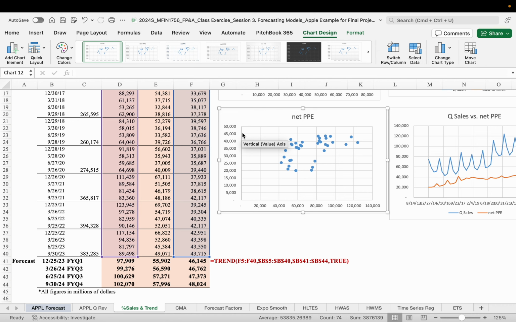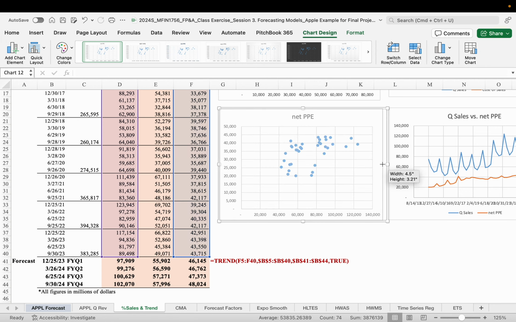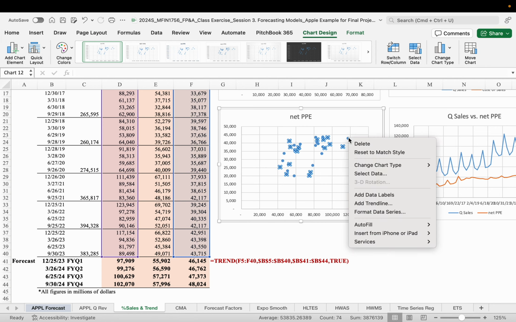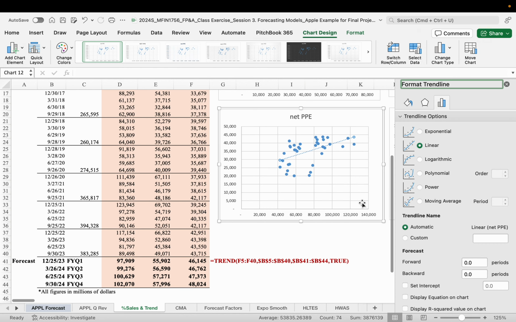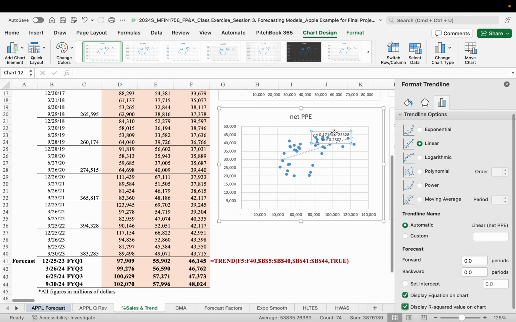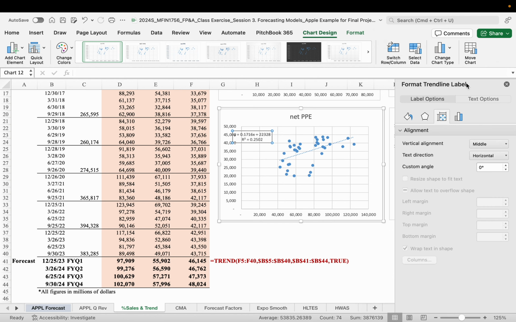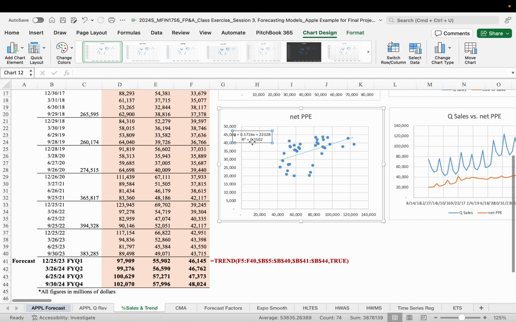When you increase net property, plant, and equipment, fixed asset investment, capital expenditures, you increase the sales. So let's leave this. Then click add trend line and display equation and R squared. So here, now it's only 25% R squared explained by those dots, right?